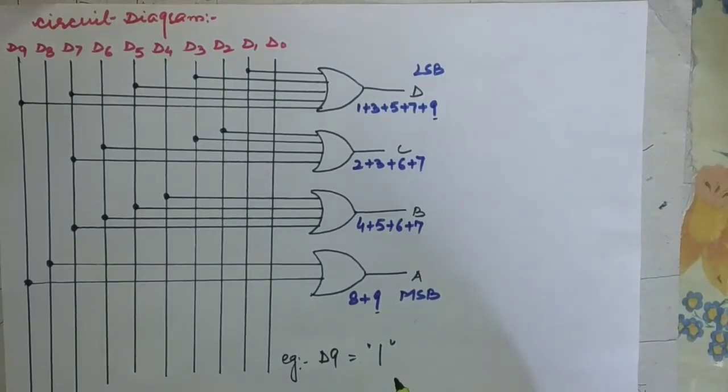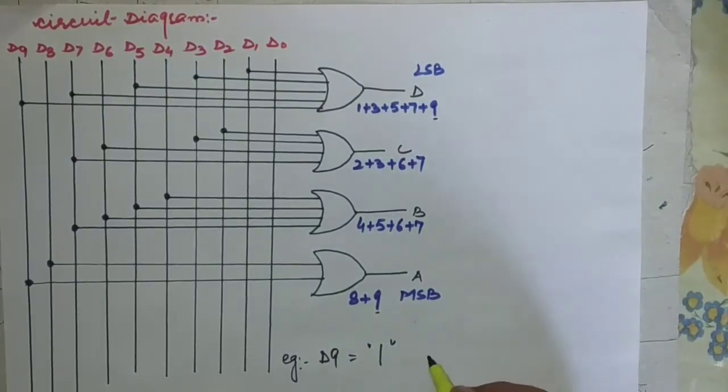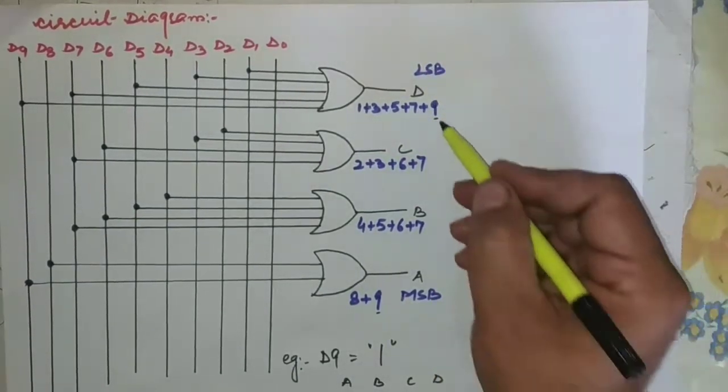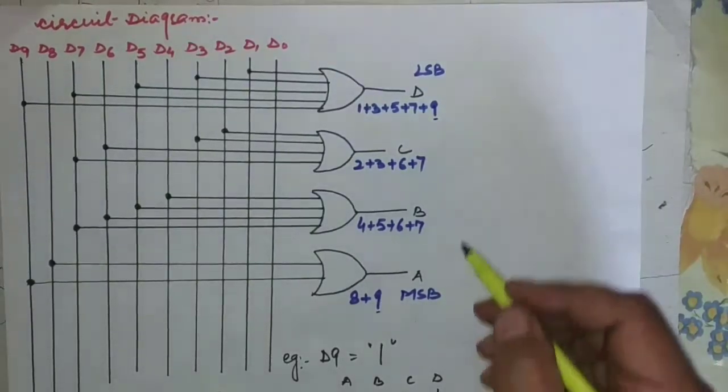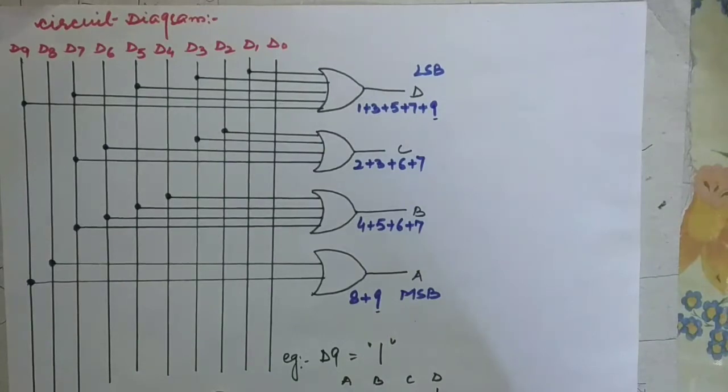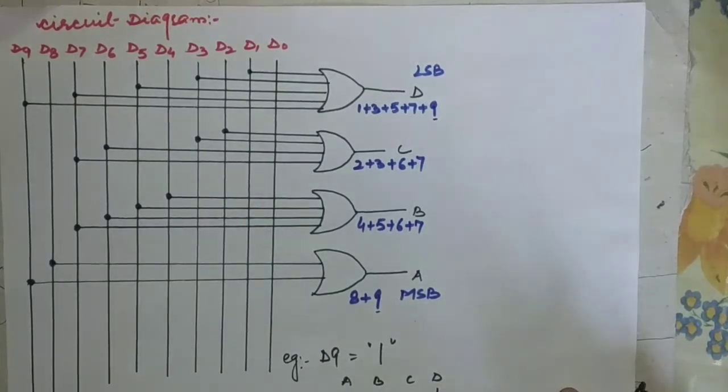If we write it in the order A, B, C, D, because D is the least significant bit, this is 1. Here is no 9 connection, so 0. Here also no 9 connection, 0, and here also. So for 9, 1, 0, 0, 1. So this is also the checking of this circuit diagram.